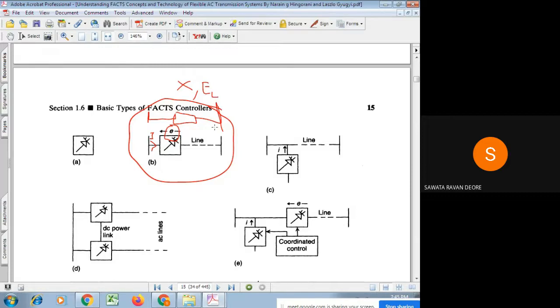If it is modifying X, keeping EL constant, then it is changing the current flowing through the line, which is EL divided by X. And as the current is changing, it is changing P. Because for P, we know the equation is E1 E2 by X into sine of delta.